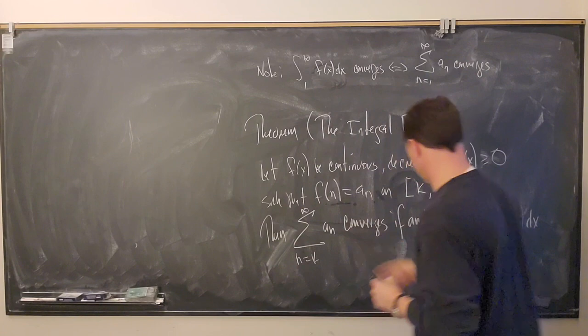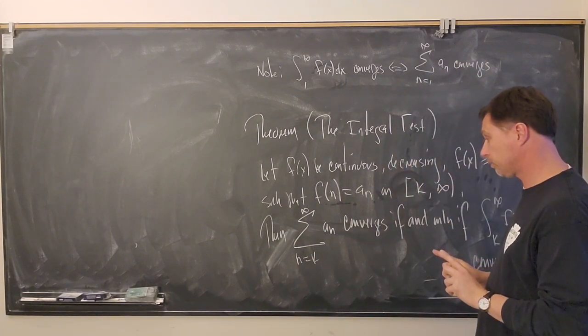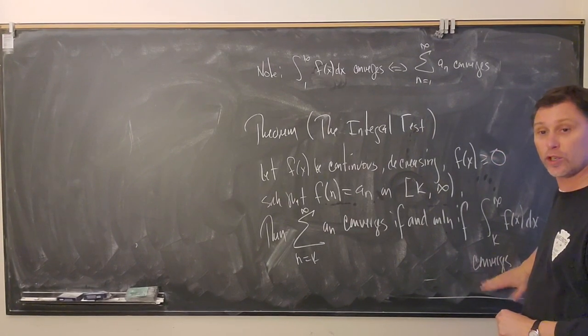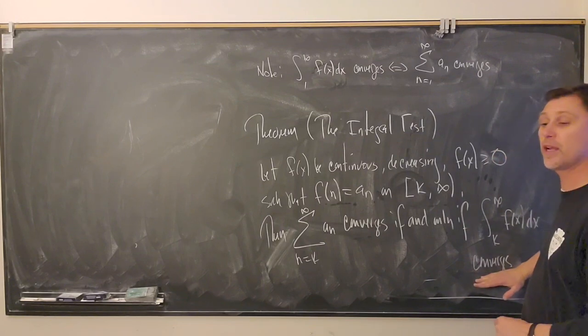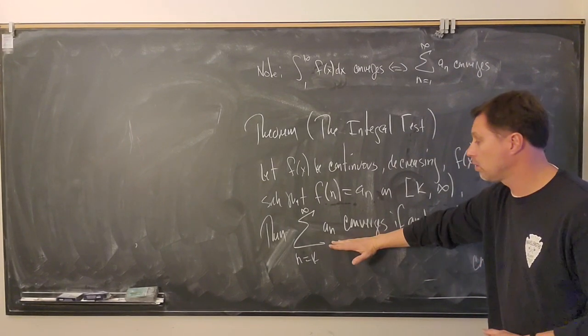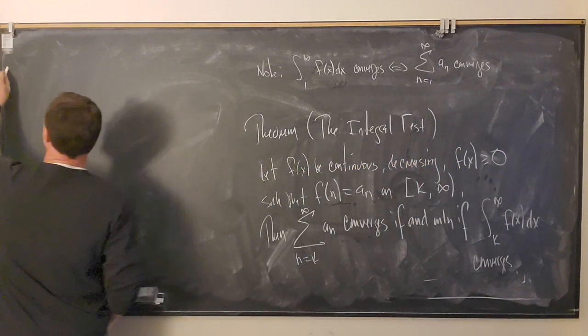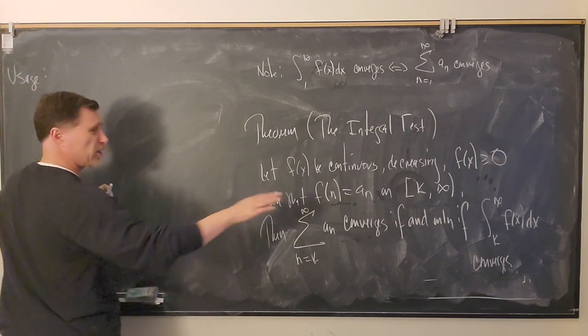Now, one thing to notice, when I say if and only if, the way you interpret this theorem: if the improper integral converges, then the series converges. If the improper integral diverges, then the series diverges. In fact, let me just say that. So usage here. This is the way you want to interpret this statement.